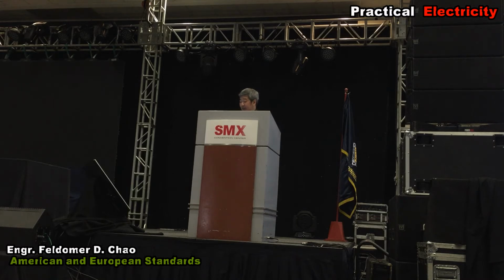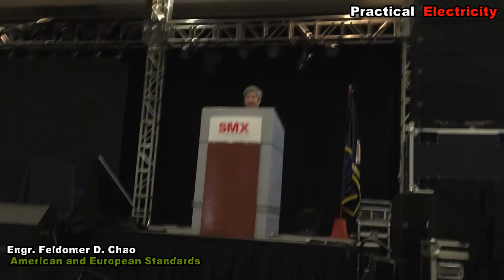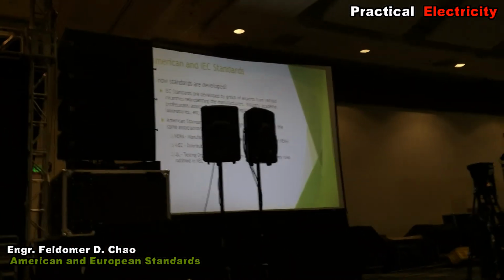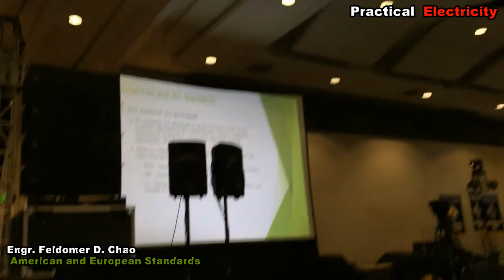Okay? With the Americans, they are more grouped in terms of association, like the standards made by NEMA, the electrical manufacturers. So you have one side specifying what the manufacturers want, and another organization may specify what the utilities want.